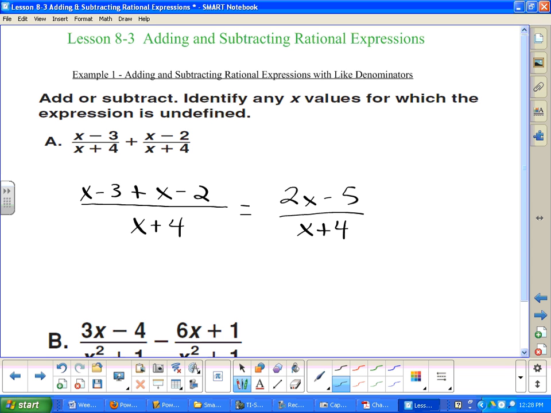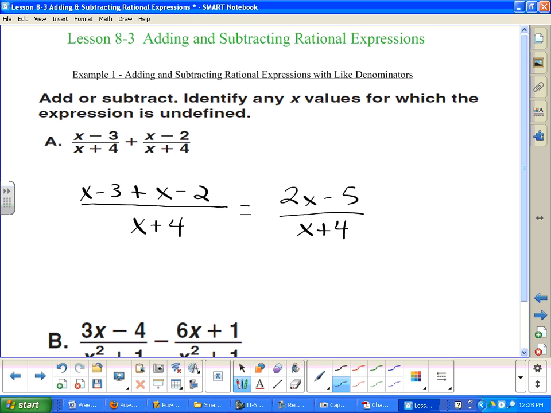Now they want us to identify any values for which the expression is undefined, so I have to look at my original problem denominators. Okay? So in both cases, they're x plus 4, and what would make x plus 4 equal to 0? Not x minus 4, but if x equals negative 4, then the denominator would be equal to 0.